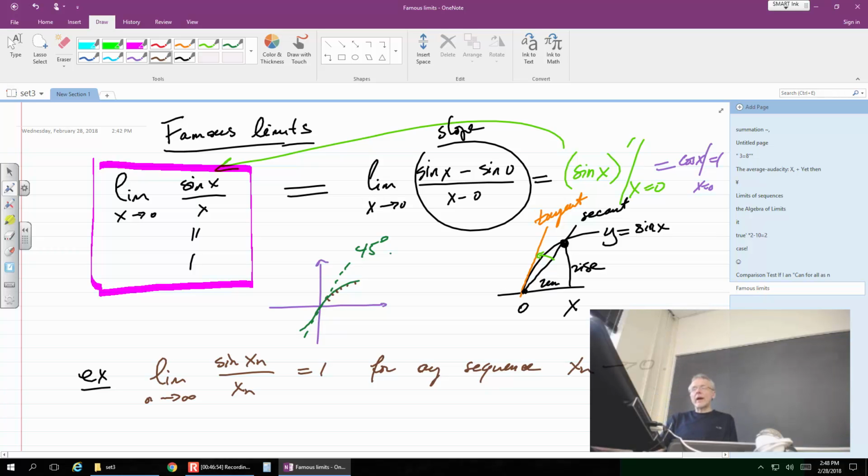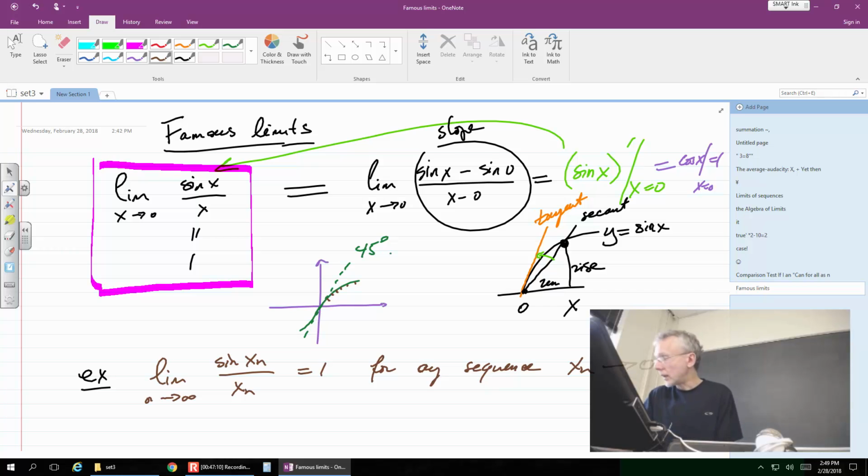That's a direct restatement of our limit. The original statement is more compact because you don't have to refer to sequences. You look at all x's converging to 0, and it includes all the possible sequences.